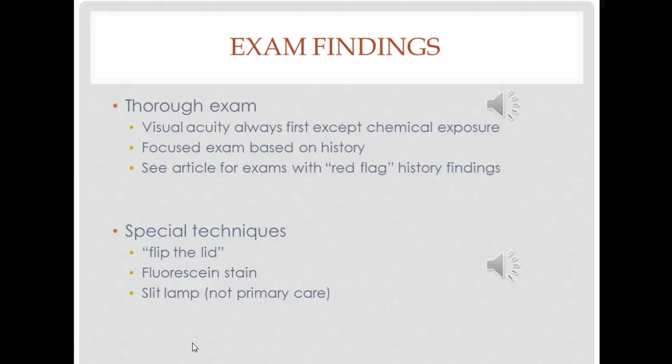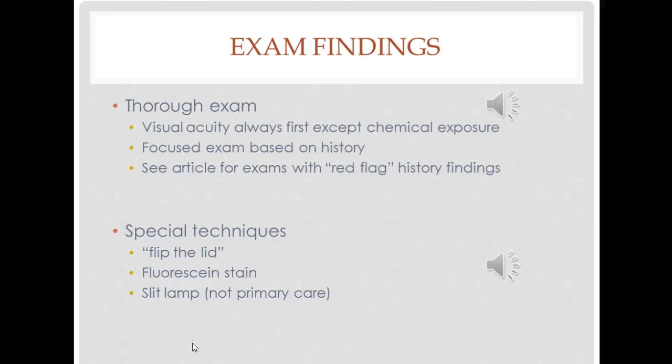You're looking at the lid margins, looking for any signs of blepharitis or possibly a sty which may have produced some discharge and discomfort. Again, sometimes you can have a sty that isn't external and it may be internal and may kind of mimic a conjunctivitis situation.